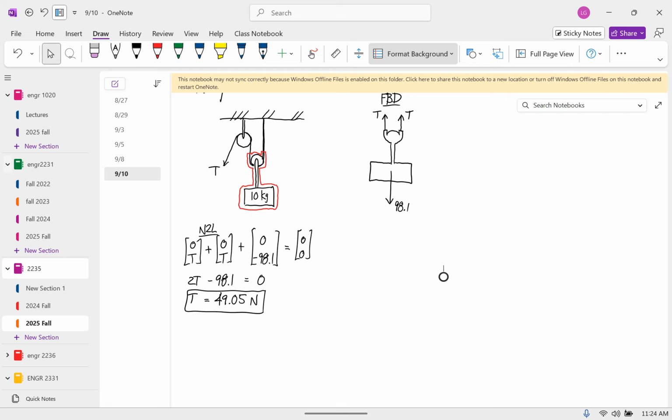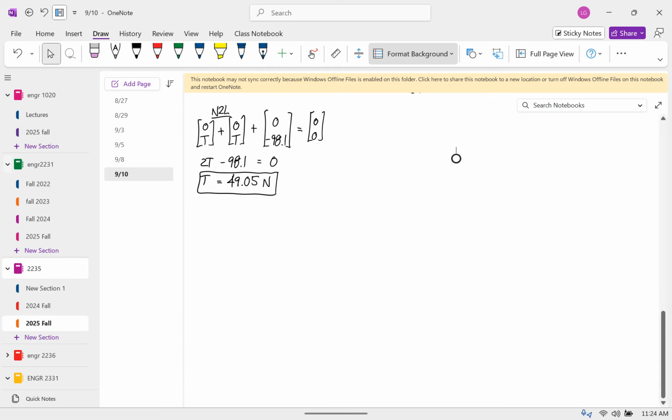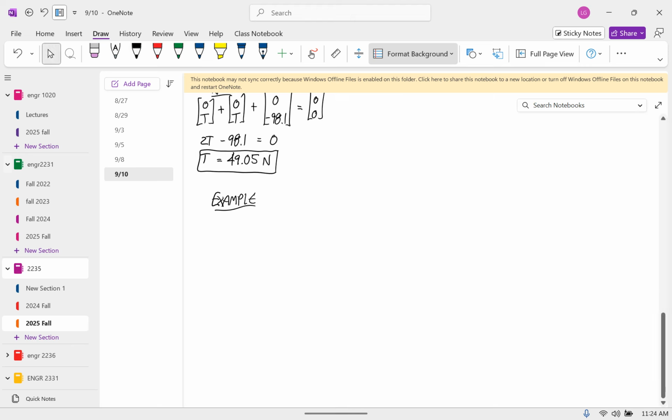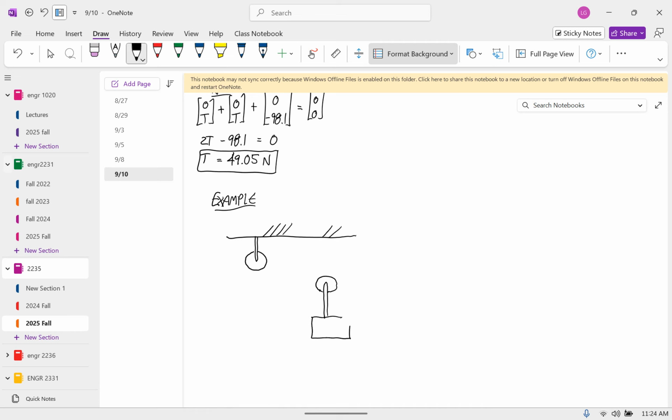Okay, let me do one at an angle. So let's say this time we have a pulley there, a hanging pulley here. Let's make this 10 kilograms again so it's easy to compare.